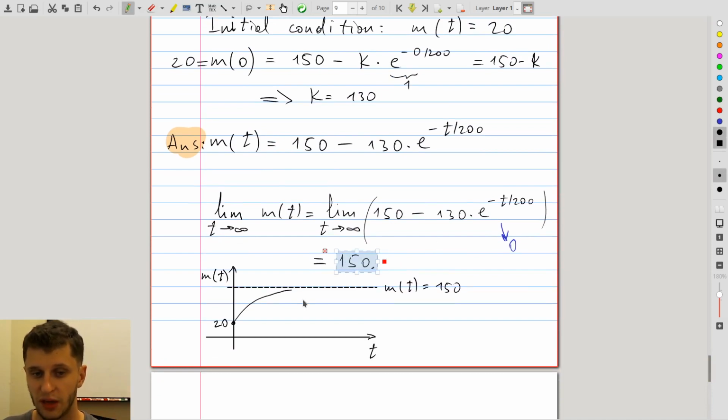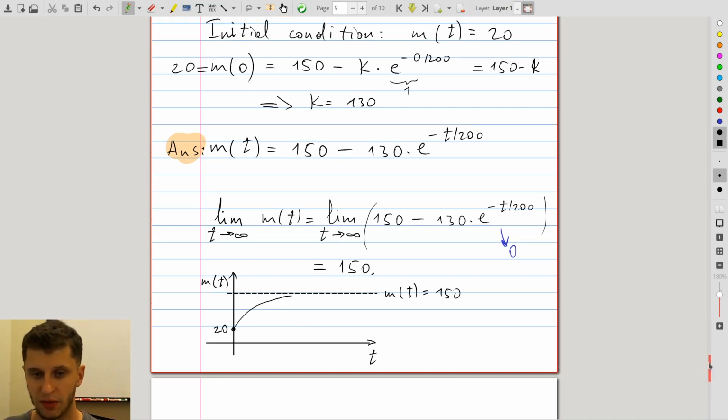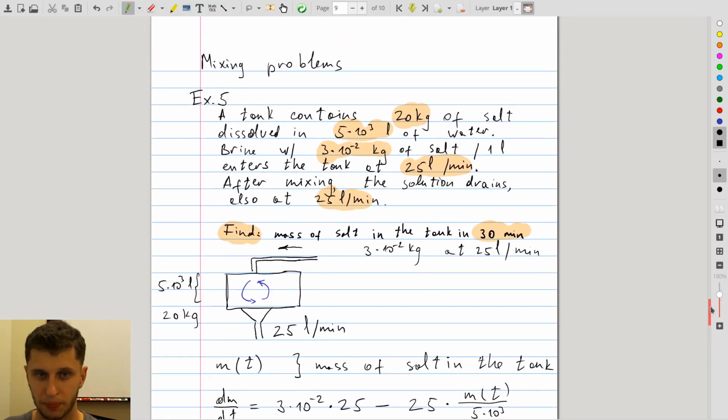So what this is telling us is just that if you run the system for a long time, the concentration of salt in the tank will be equalized at the concentration of the brine that's flowing in. So that actually makes perfect sense. And so this is how you model mixing problems using differential equations.